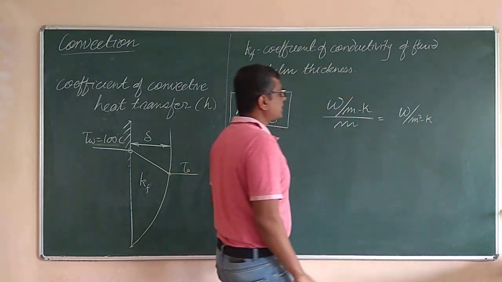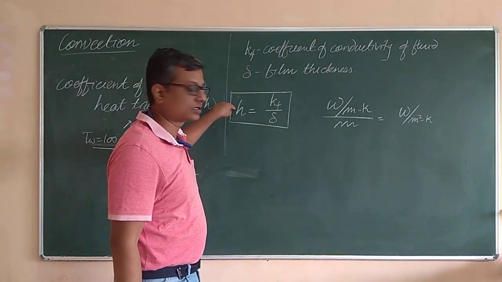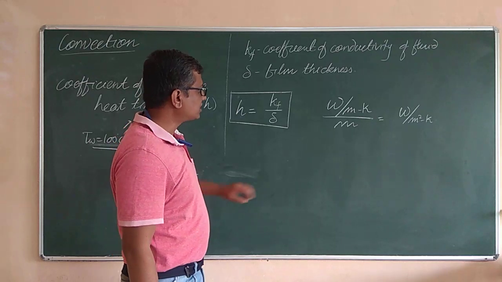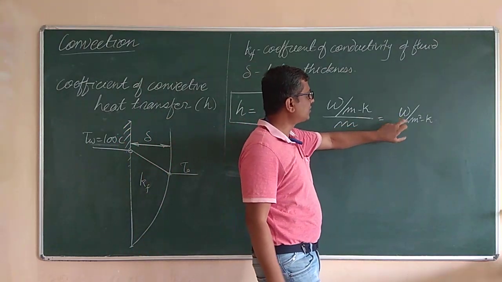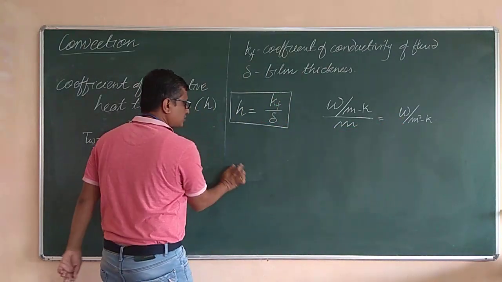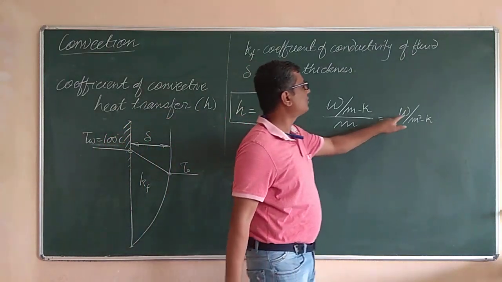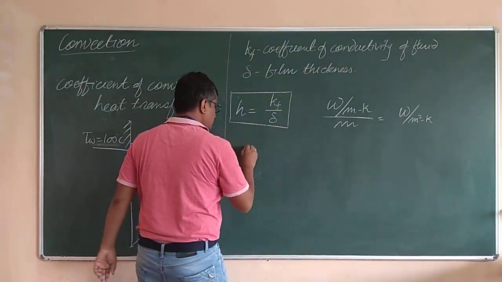Now this is the SI unit of the coefficient of convective heat transfer, and just from the unit you must be able to predict the dimensions. What should be the dimensions of that? This is the unit of power, so I would like to write down the dimensions of power.